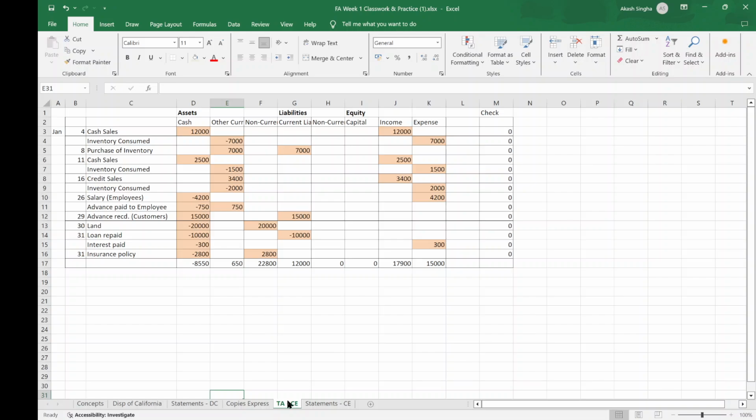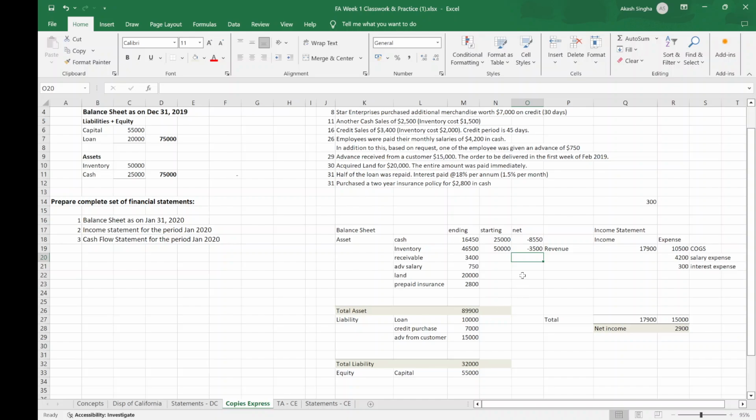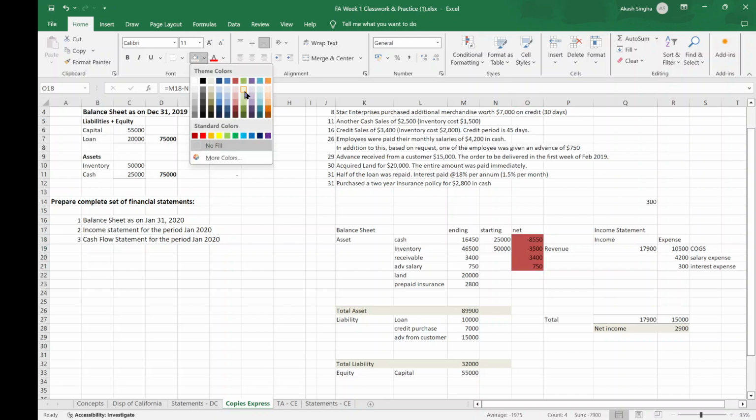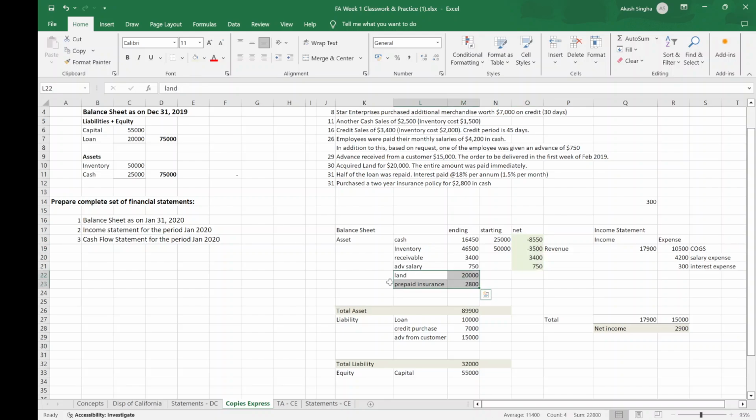Other current assets are receivable, inventory, and advance salary, and these are the current assets. Land and prepaid insurance are non-current.